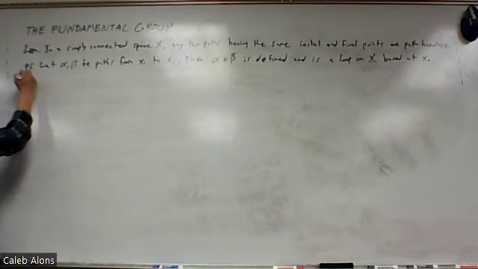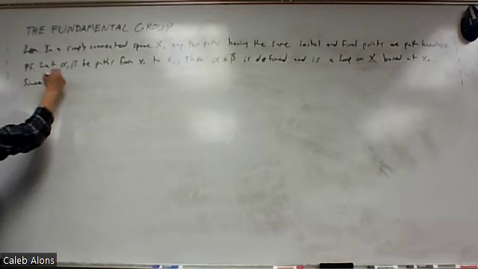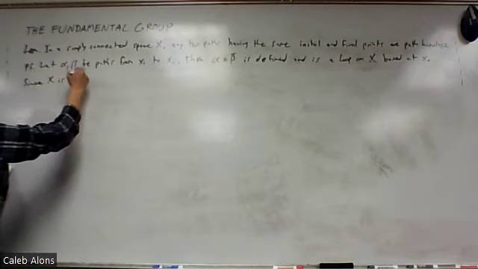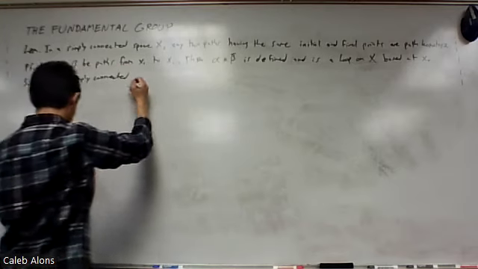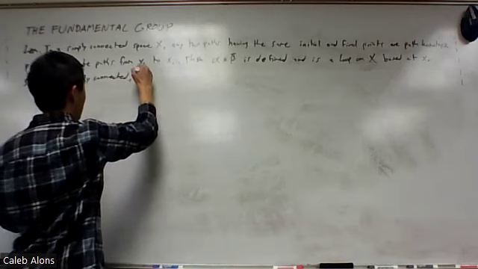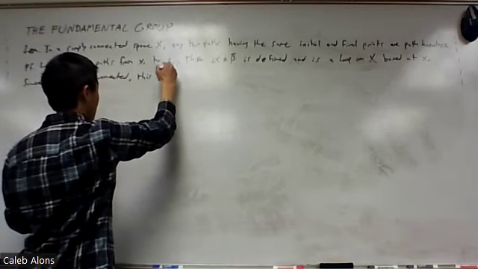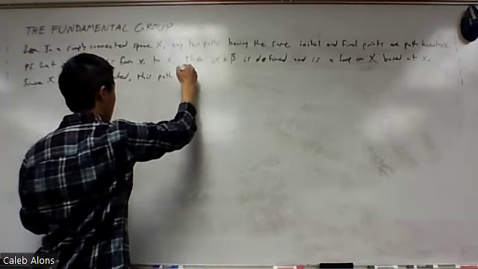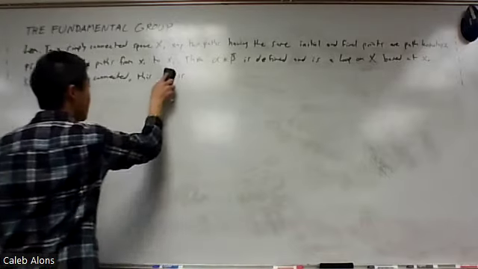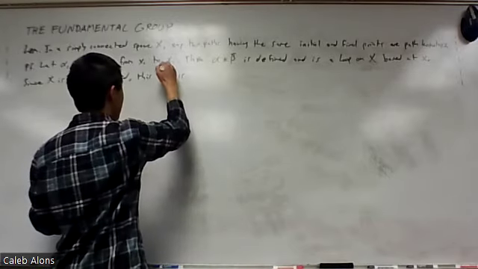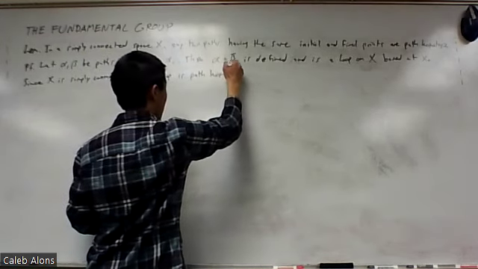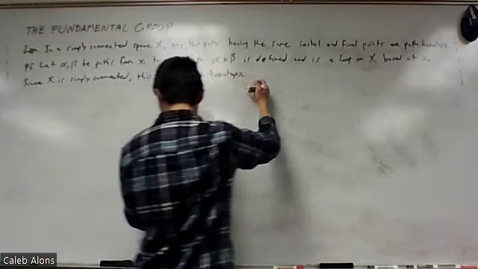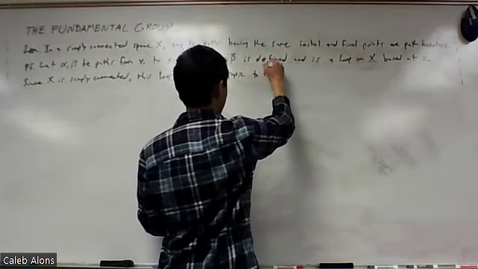And then since X is simply connected, this loop is path homotopic to the constant loop.